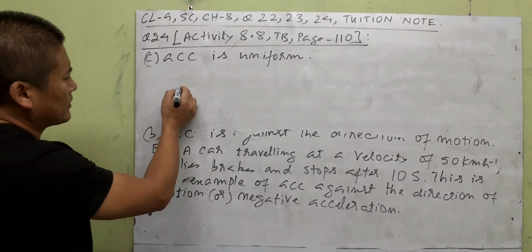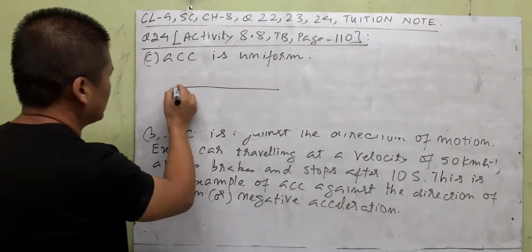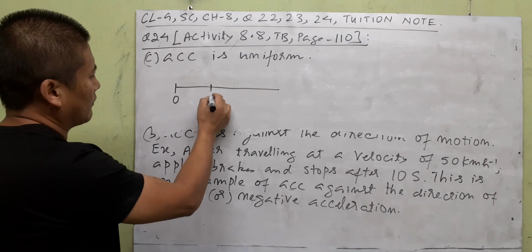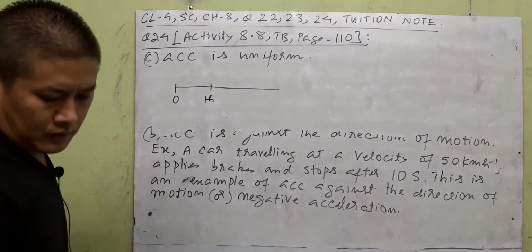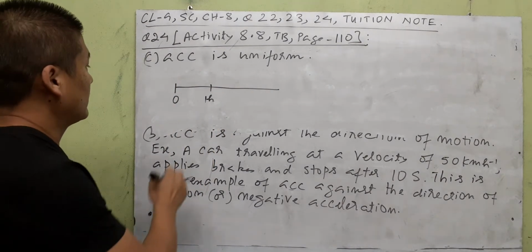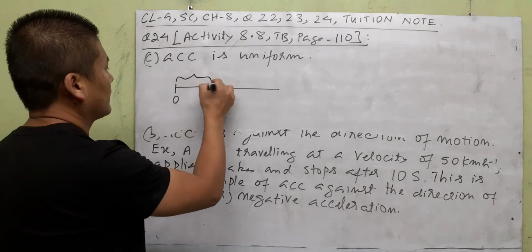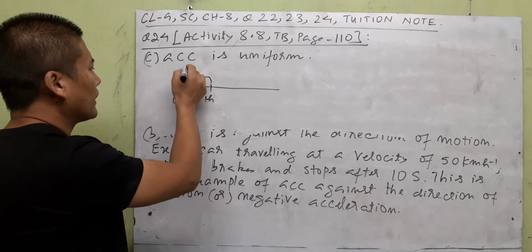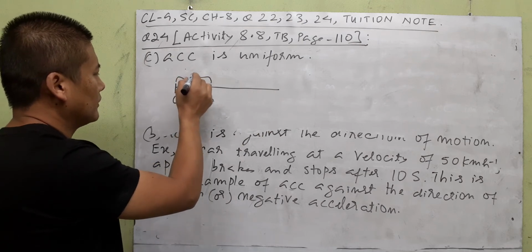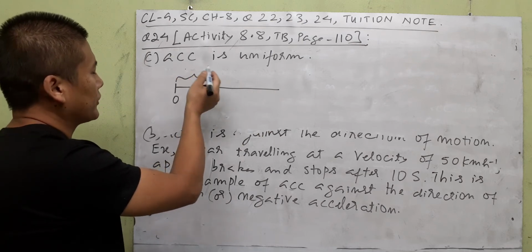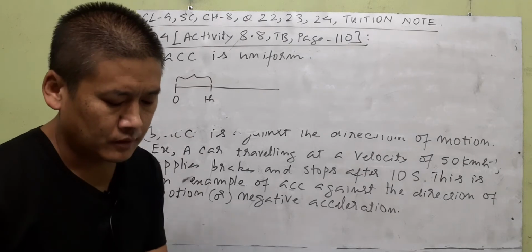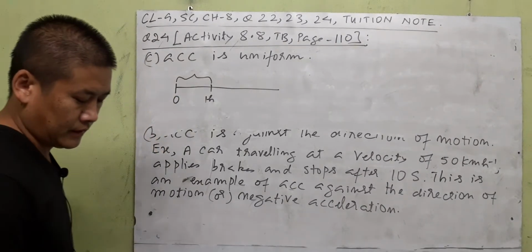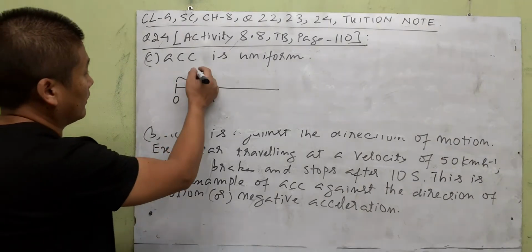Uniform acceleration means throughout the journey, let us say in the first hour, 0 to 1 hour, this car is traveling. This is not the road, this is the timeline. Let us say when you first saw it, it is traveling at, let us say, 40.